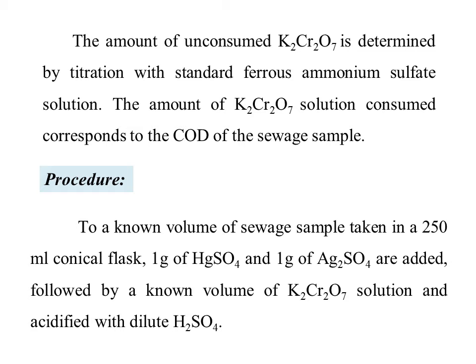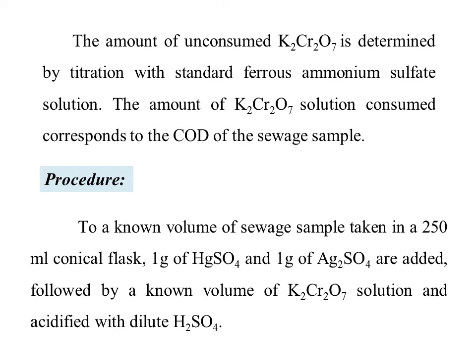By doing the titration with ferroin indicator, one can estimate the unconsumed potassium dichromate, and the potassium dichromate consumed for the oxidation of organic matter corresponds to the chemical oxygen demand of that sewage sample.